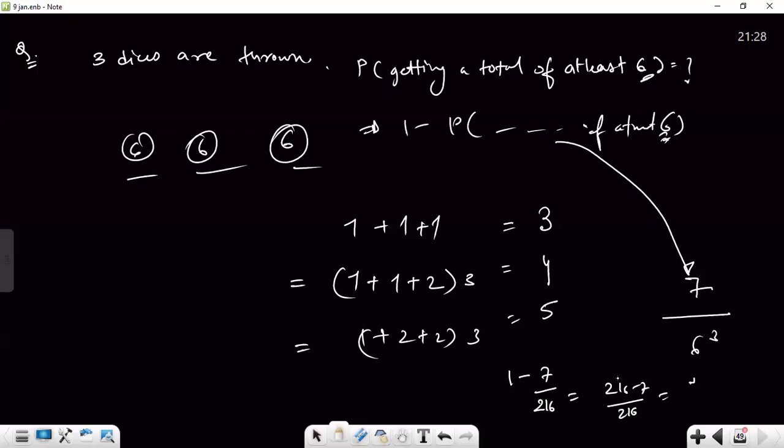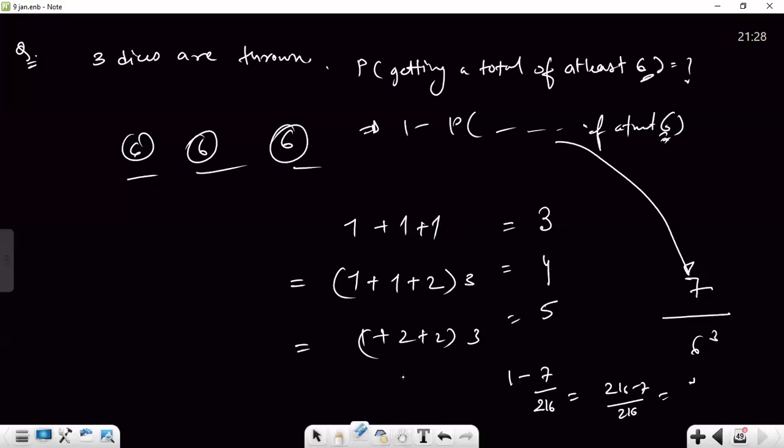Are we missing something? 1 plus 3 plus 3. Is there any other way to make 5?